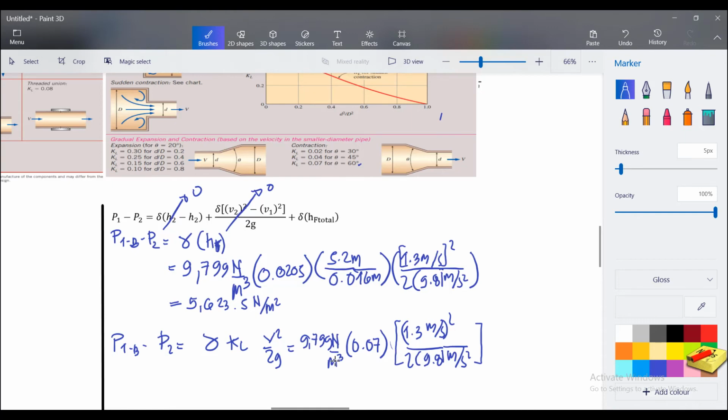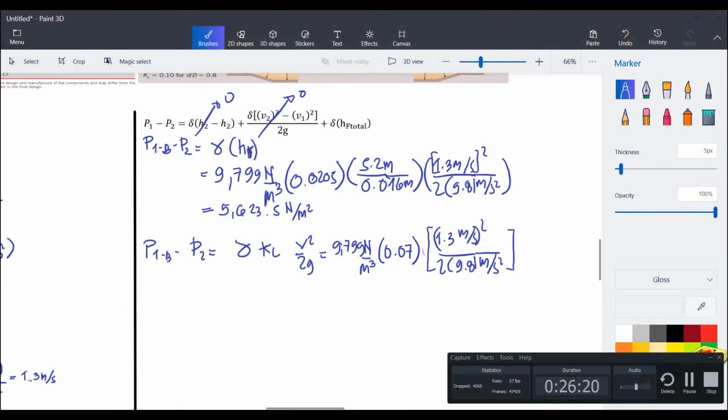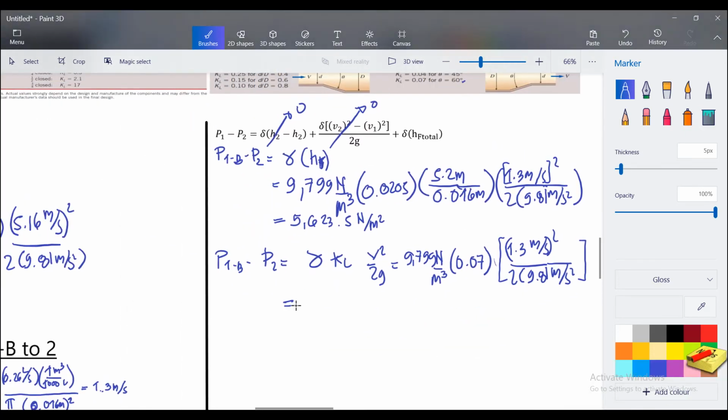Okay. So we have 59.08. So this will be Newton per square meter.